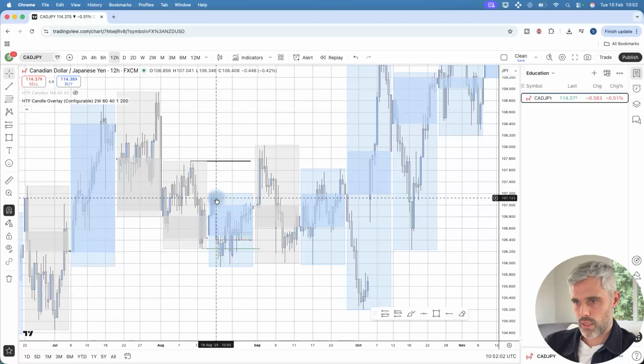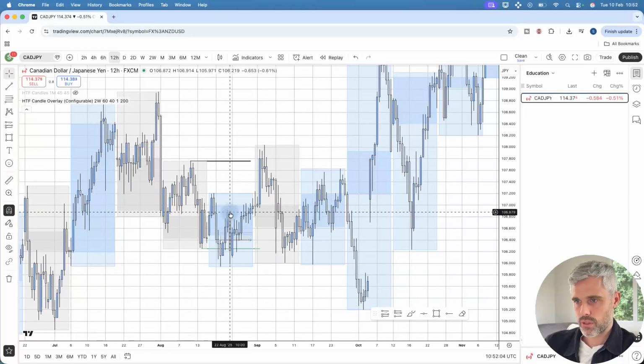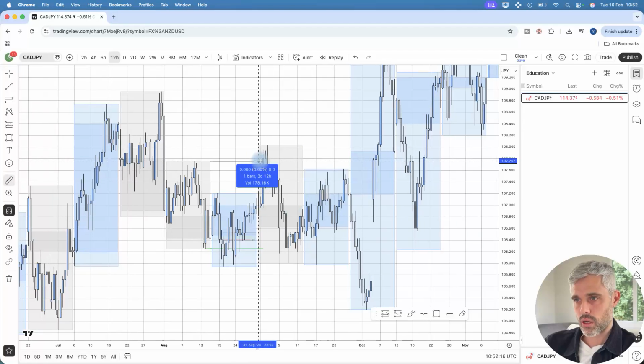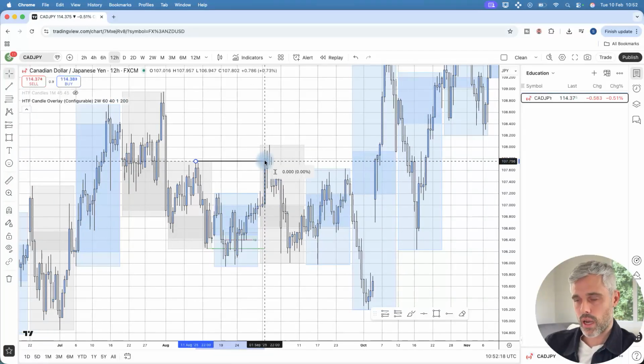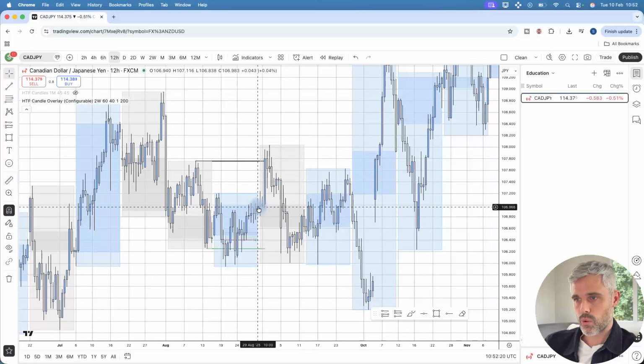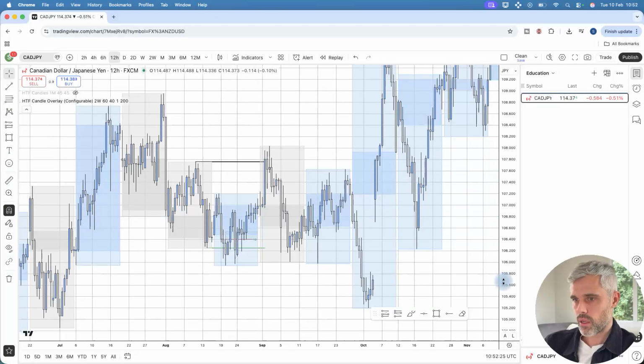So you see price liquidates the low, shifts, new order flow bullish, bullish fair value gap, bullish demand zone. Price then trades down into the demand zone and eventually takes off to the higher time frame target once we get the confirmation of this manipulation candle.